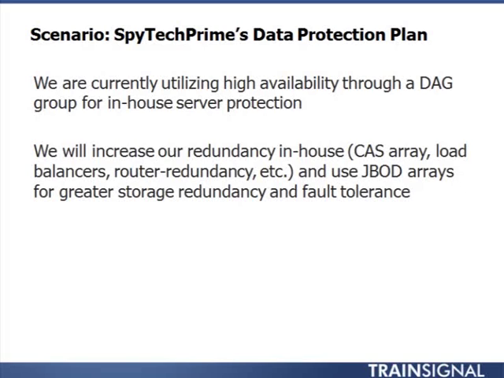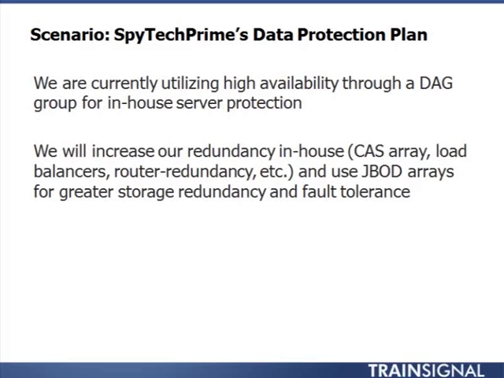Well, what we're going to do is increase our redundancy in-house. So we're going to establish a CAS array, we're going to utilize redundant load balancers, we're going to use router redundancy. Really, we're going to look at anything that could possibly fail and make sure that we utilize duplication or redundancy in every regard that we possibly can.